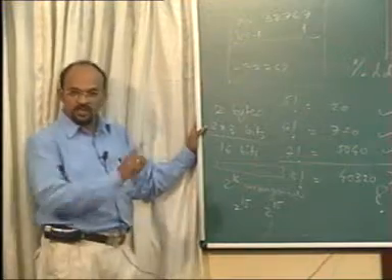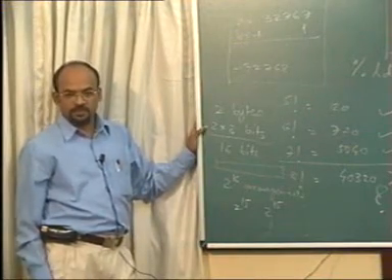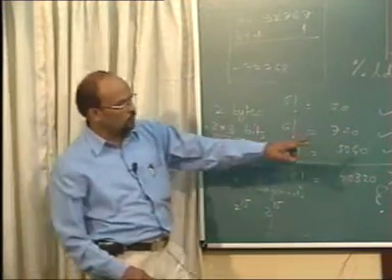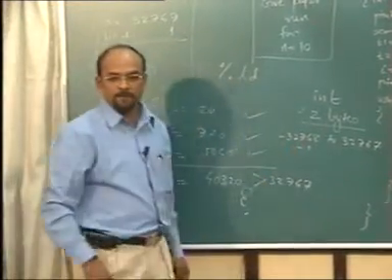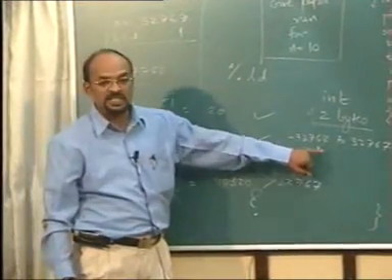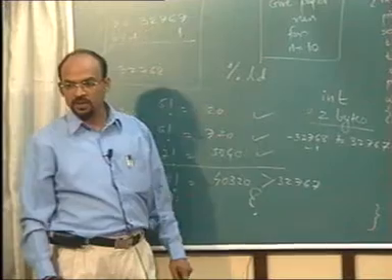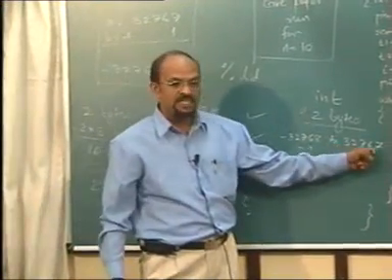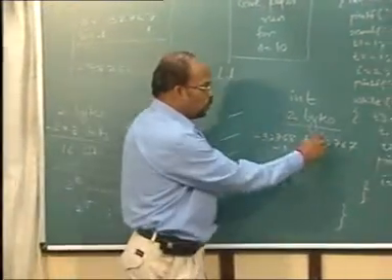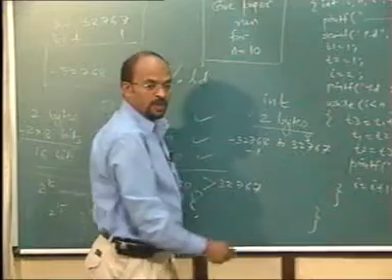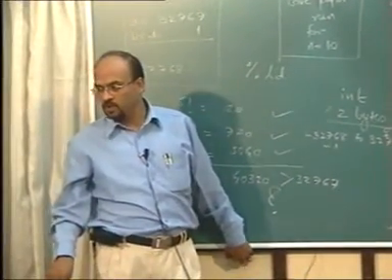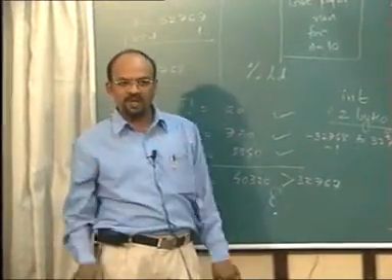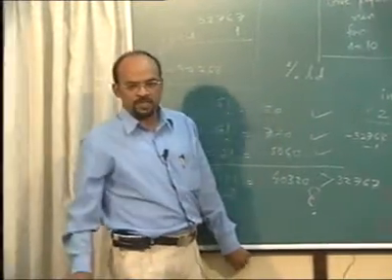So 0 is treated as positive. So here also minus 32768 to minus 1 means 32768 negative values and 0 to 32767. So 0 to this will be 32768 positive values. You have got same number of positive and negative values because 0 is treated as positive.